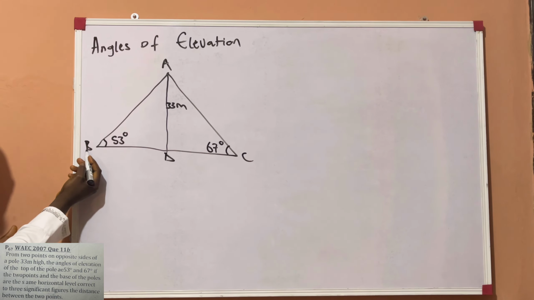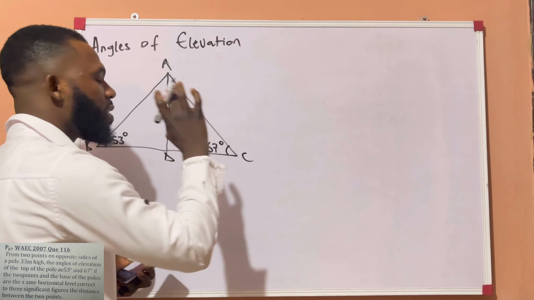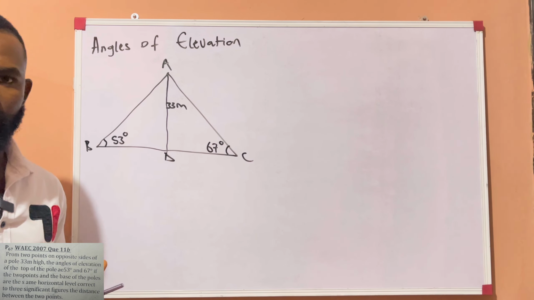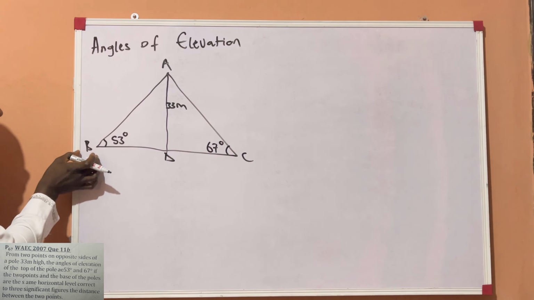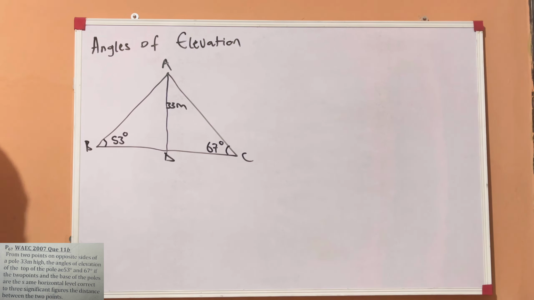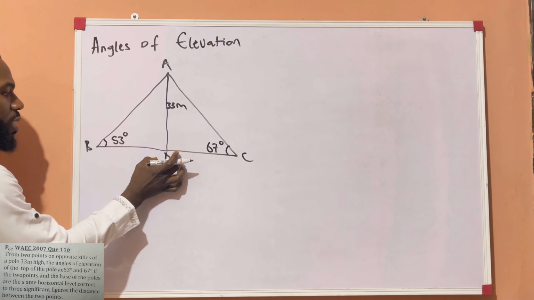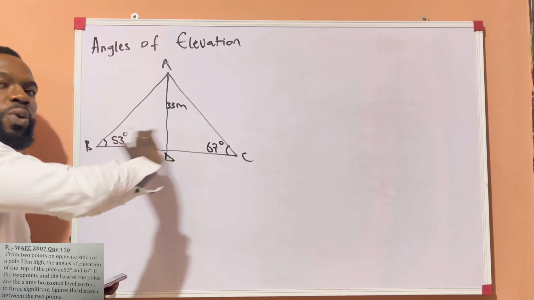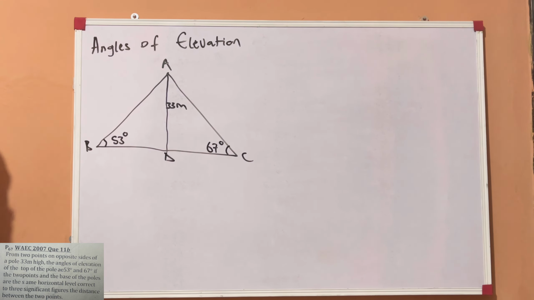Point B is the angle of elevation, 53 degrees, and point C is the angle of elevation, 67 degrees. Now, we are told to calculate the distance between this point and this point, between the points of angles of elevation. So, therefore, we are told to find line BD and line DC. So when we add them together, we're going to get line BC, which is the total distance between the points.